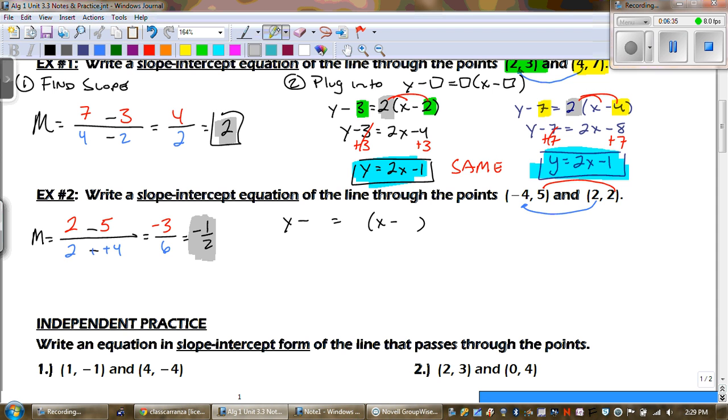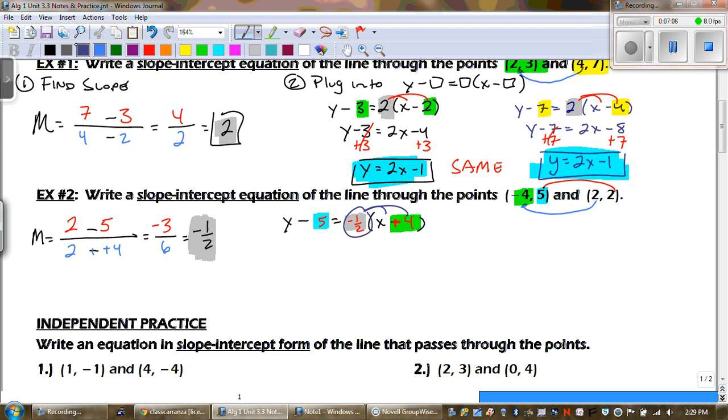I'm already plugging this in. So my y is going to go there, my slope goes right here, and negative 4 goes right there. So when we're plugging this in, we get 5, negative 1/2, and this actually changes to a positive 4.